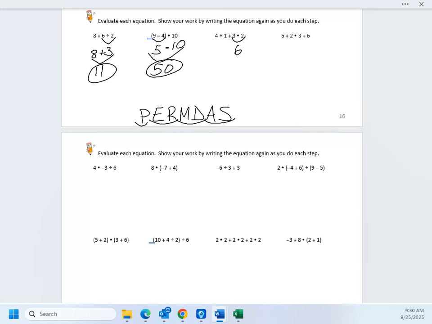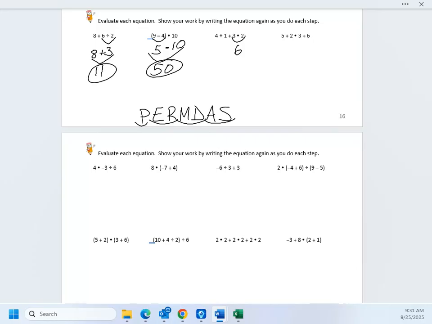What's my next step? I wrote my 6 under the 3 times 2. What do I have to do, Jude? 4 plus 1. Before I do any of the math, what do I have to do to my equation? Remember, I'm rewriting the equation each time. So how do I rewrite that equation?